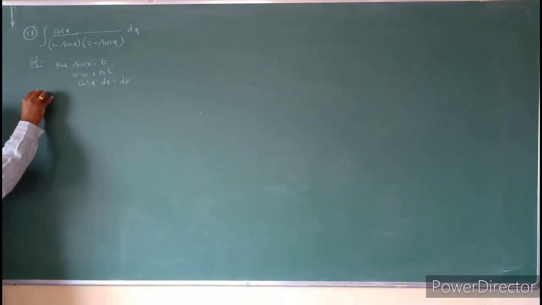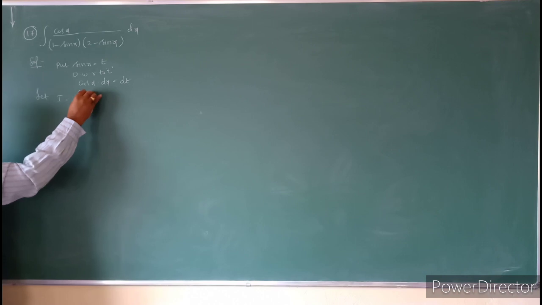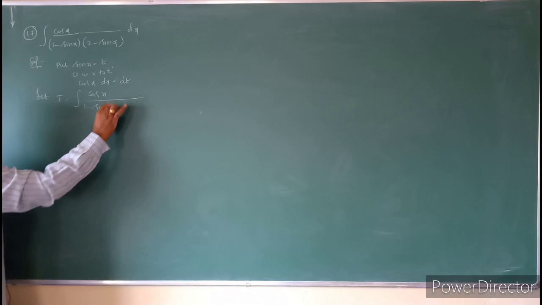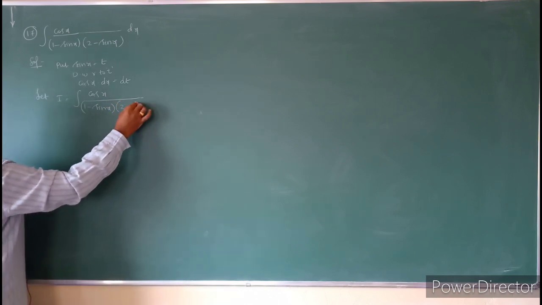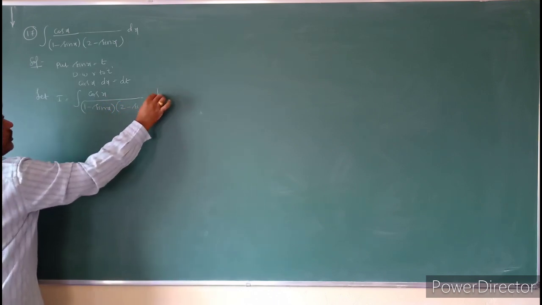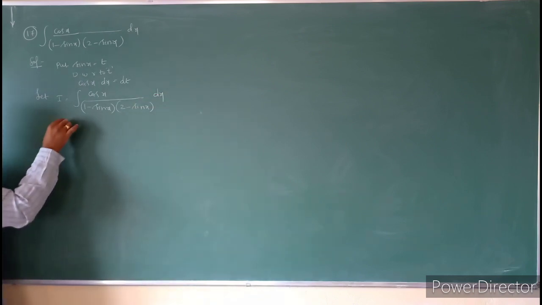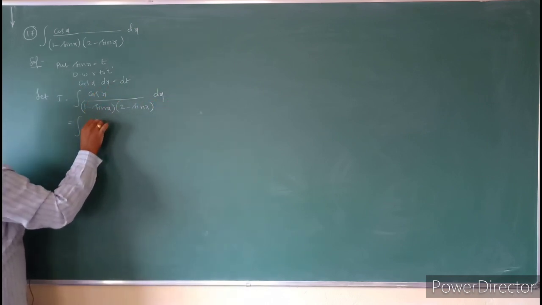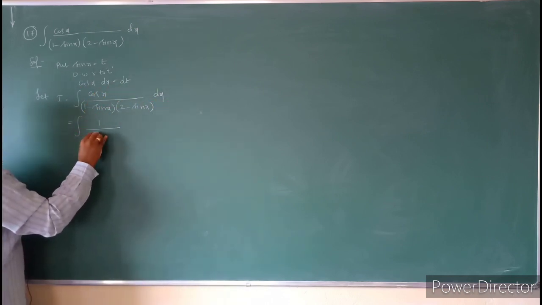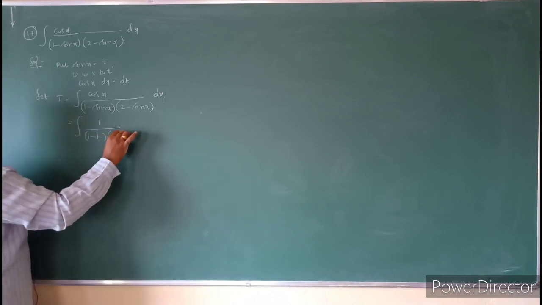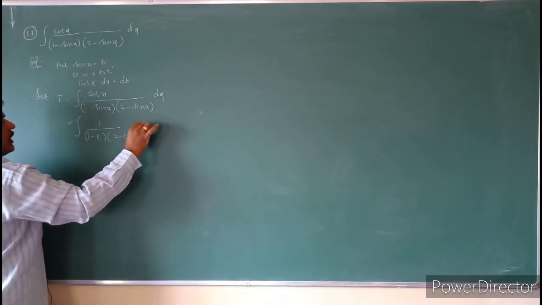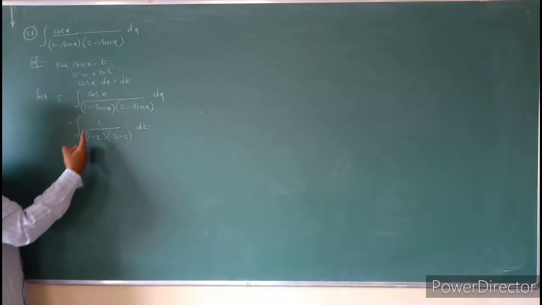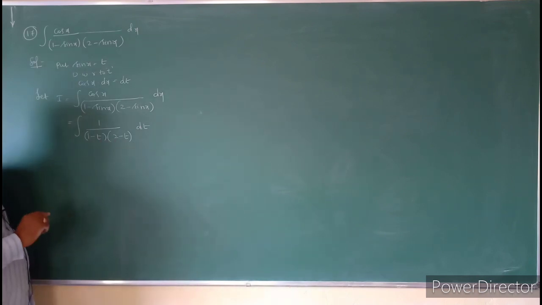So take the problem here, let I is equal to integral of cos x by 1 minus sin x into 2 minus sin x into dx. So that is equal to integral of, cos x into dx value is dt, so the denominator will become 1 minus t into 2 minus t into dt. Integral of 1 by 1 minus t into 2 minus t into dt.